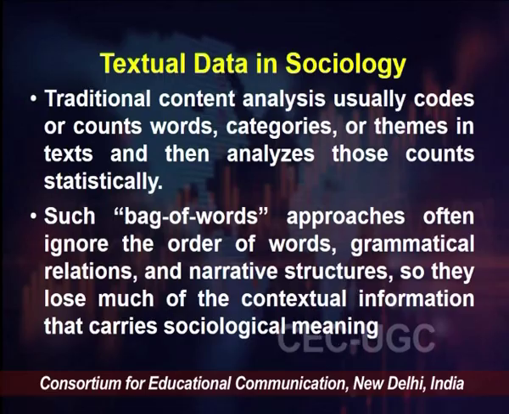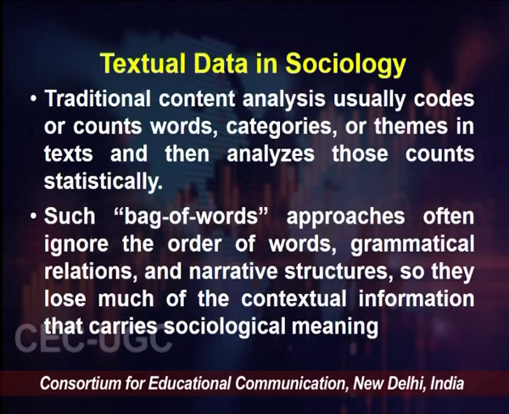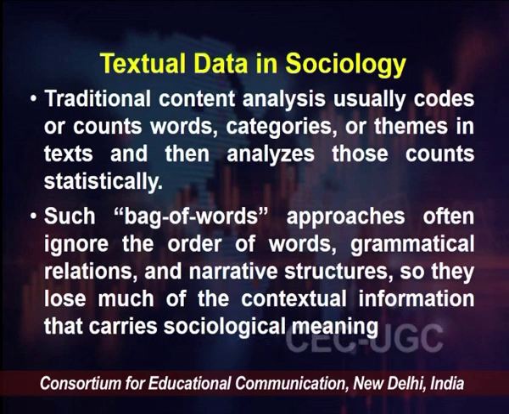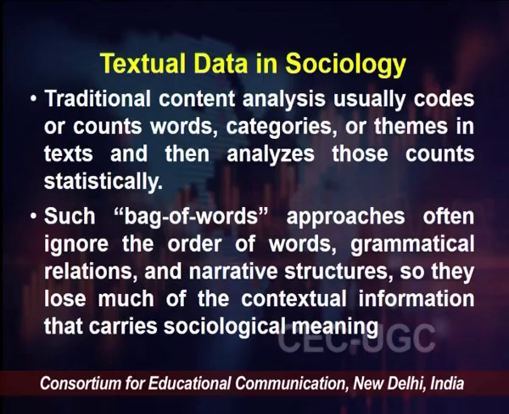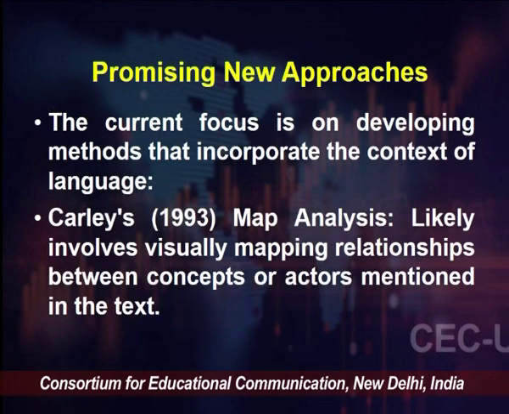Traditional content analysis usually codes or counts words, categories, or themes in text and then analyzes those counts statistically. Such bag of words approaches often ignore the order of words, grammatical relations, and narrative structures, so they lose much of the contextual information that carries sociological meaning.